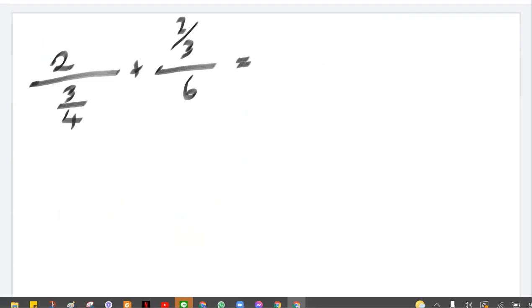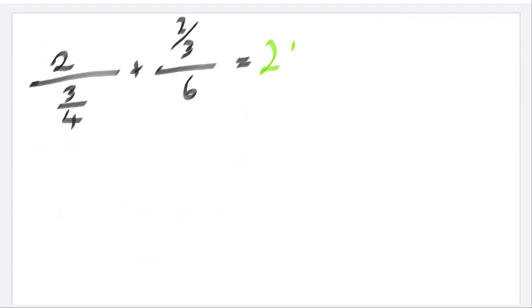So here I will just mention this means this one and 2 over 2 divided by 6. So this is important, be careful. So the big fraction, this one and this one are the division symbols that we use here.